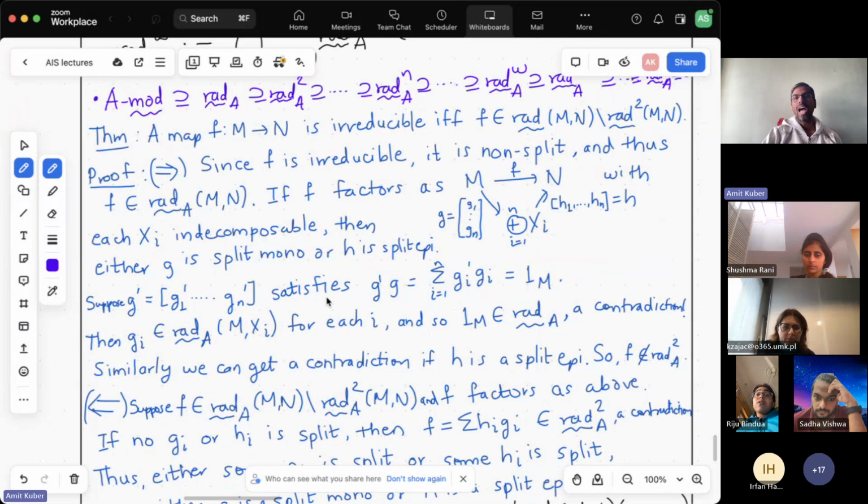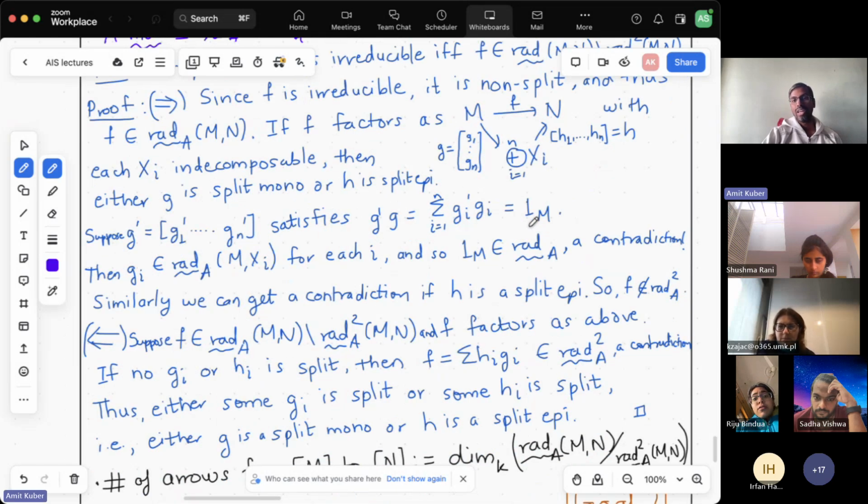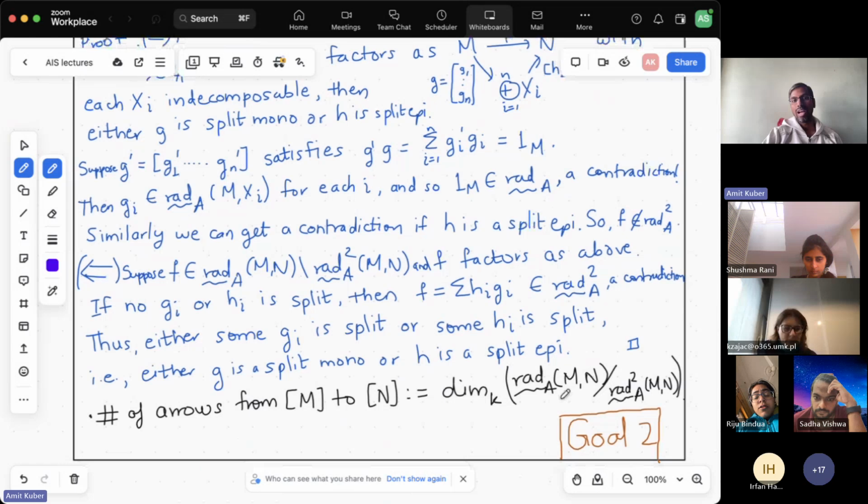And therefore, the arrows that we are counting are just rad modulo rad square. That is the definition of the Auslander-Reiten quiver. And that will complete goal 2.